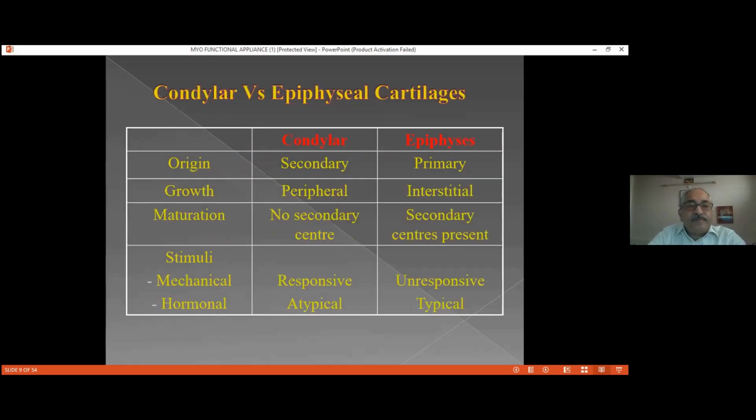Now, the condylar versus epiphyseal cartilages: condylar cartilage is secondary in nature, whereas the epiphysis is primary in nature. Now, why do we call it secondary? Because the primary cartilage in the jaws is basically embedded in the middle layer.